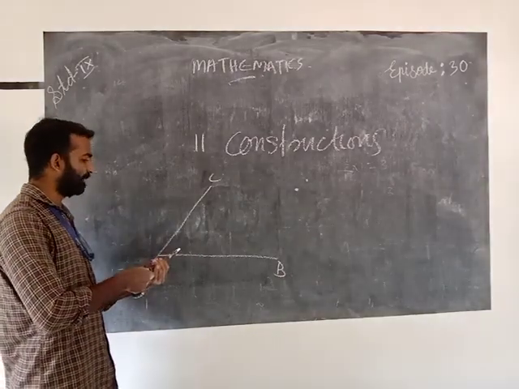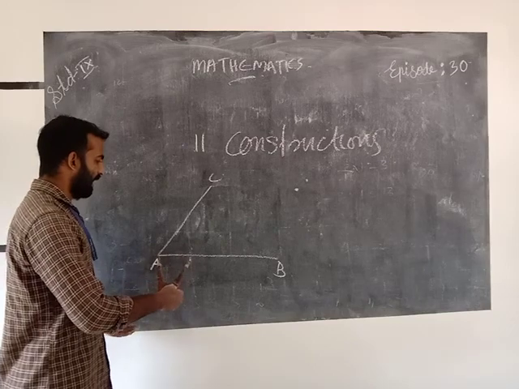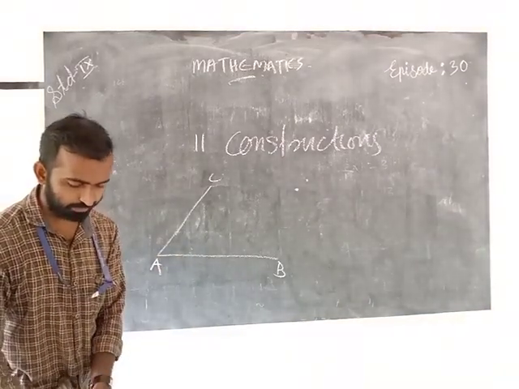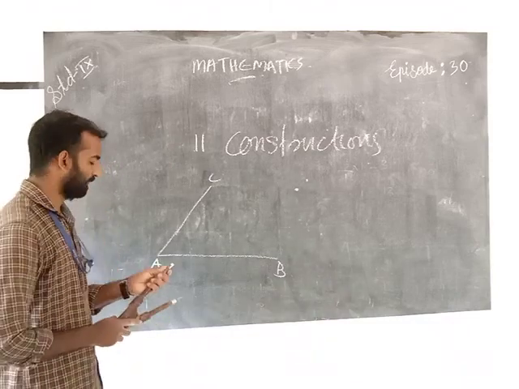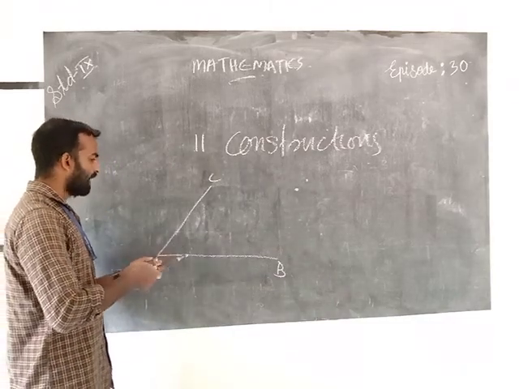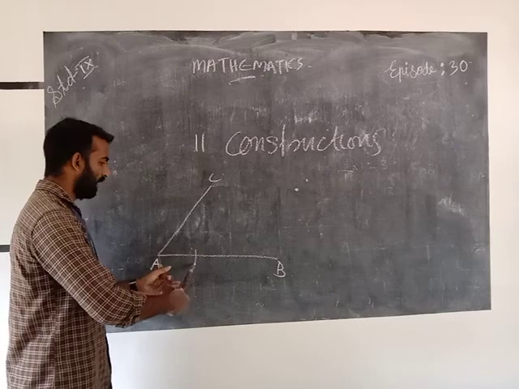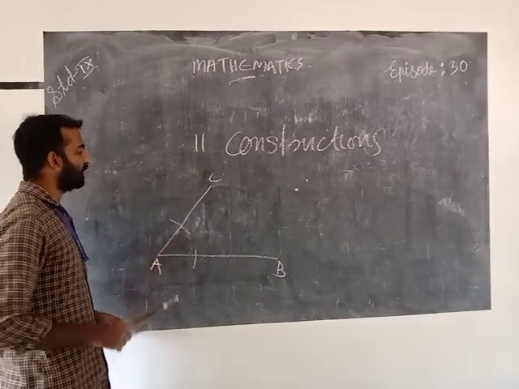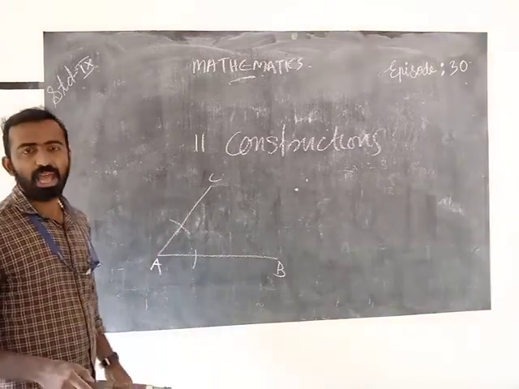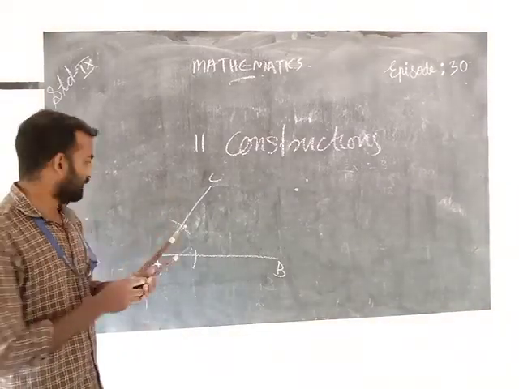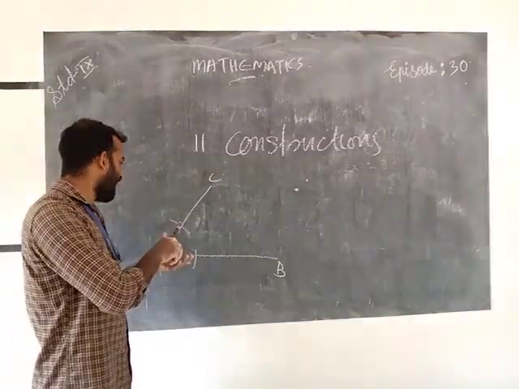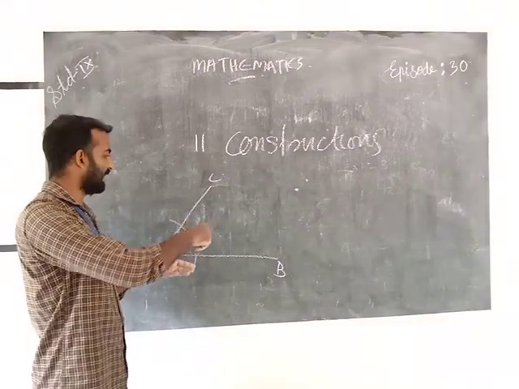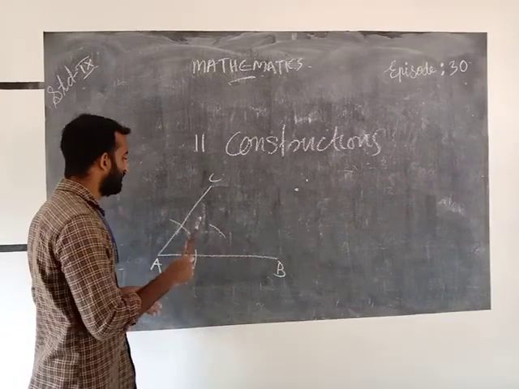Then we mark an arc of radius r on AB, and with the same radius we mark an arc on AC. Next we take half of this line in the compass and make the same arc.